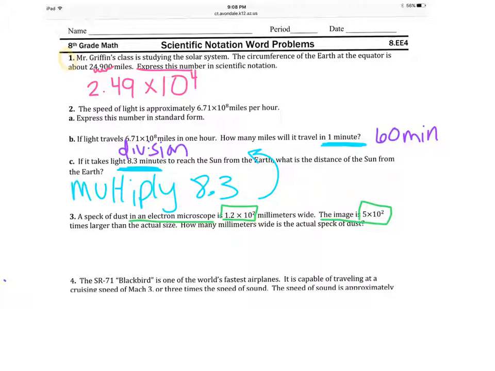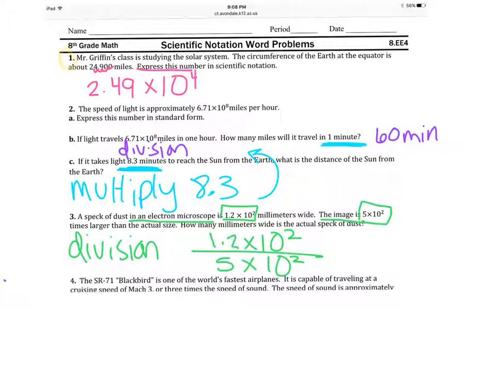So we know that this is going to be a division problem because we will divide our current size by what they multiplied by, and you will see how small it actually is.